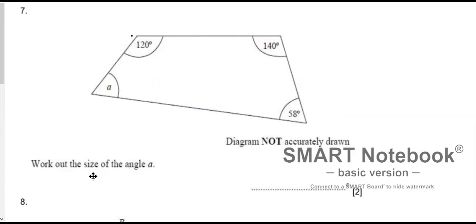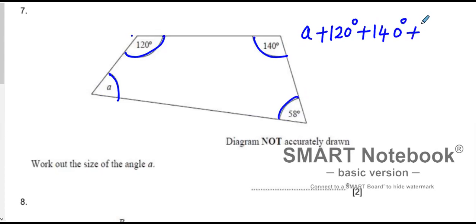So to work out the size of the angle marked A, simply take this angle, which is A, plus this angle, which is 120 degrees, plus this angle, which is 140 degrees, plus this angle, which is 58 degrees. That total should be equal to 360 degrees.